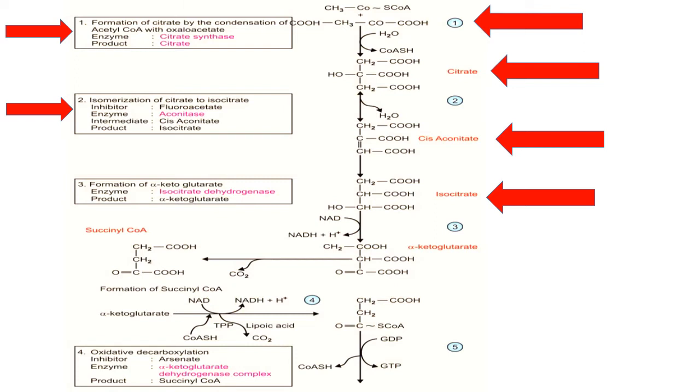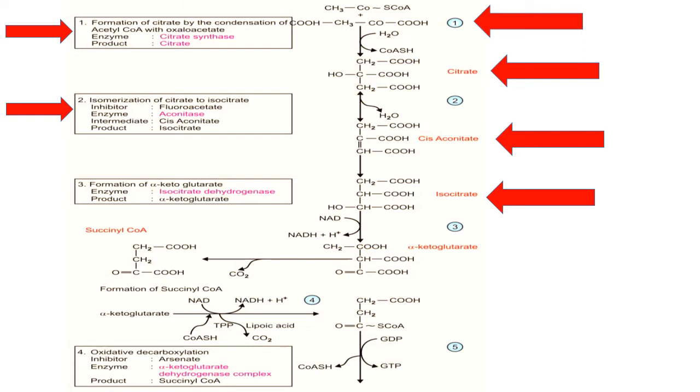In the first part of this second reaction, there is dehydration and formation of cis-aconitate, and in the next part of this reaction there is hydration and finally the production of isocitrate. Both are reversible reactions and they require the enzyme aconitase.